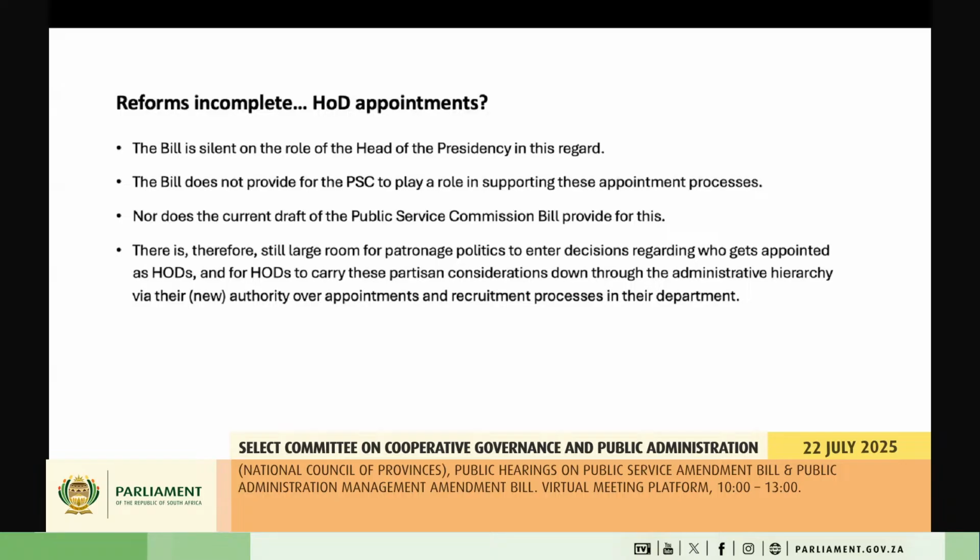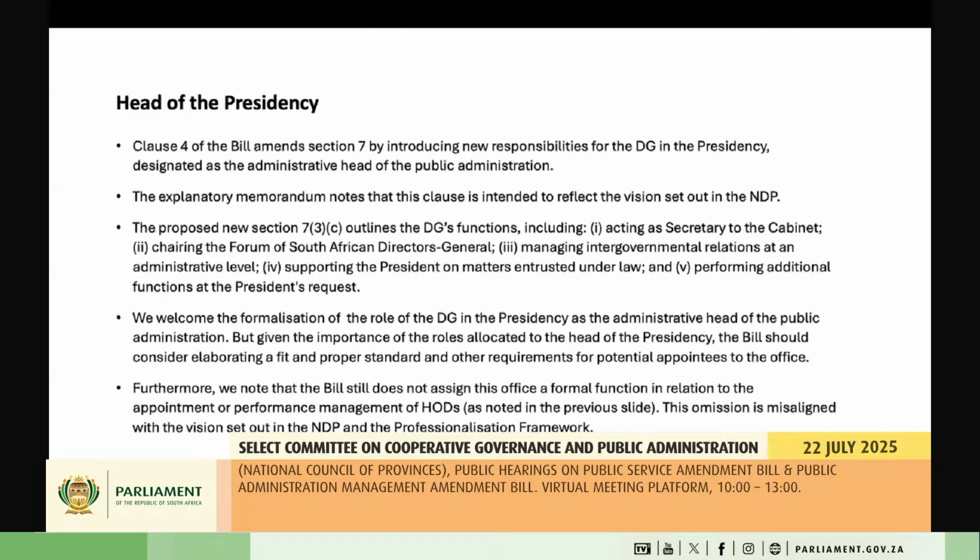So I suppose our concern in sum is that there's still a lot of room for inappropriate political appointments of HODs, and then for the HODs to carry those inappropriate political decisions, I don't mean the good politics, down into the administration.